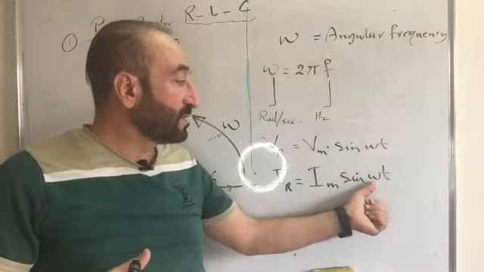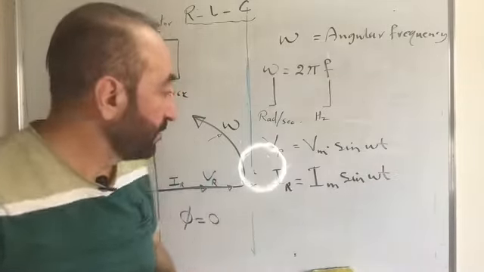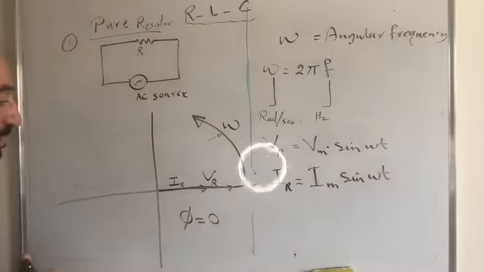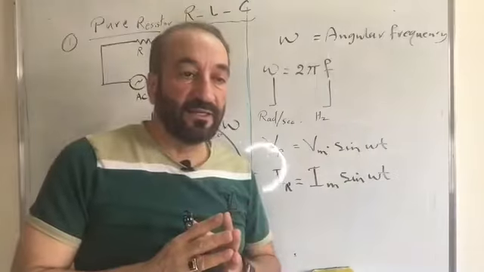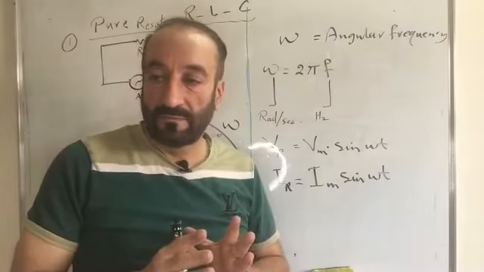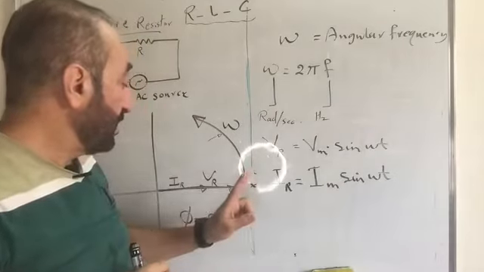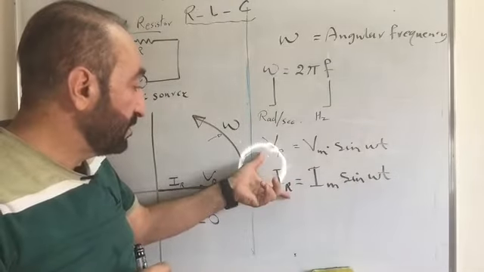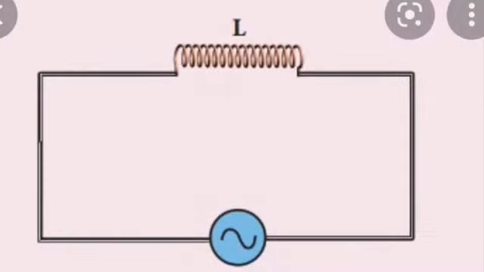Omega is the angular frequency and t the period of time. Now we can say that V and I are in phase, which means the phase angle phi equals 0.